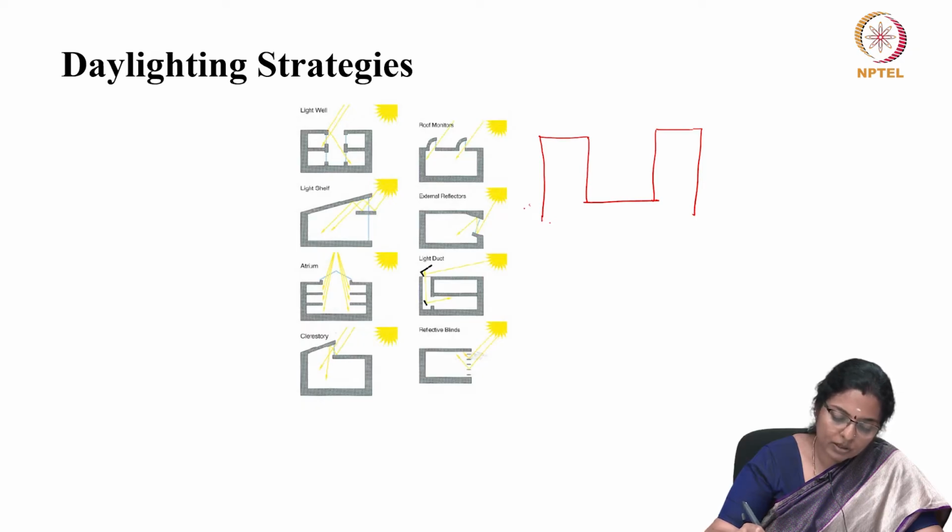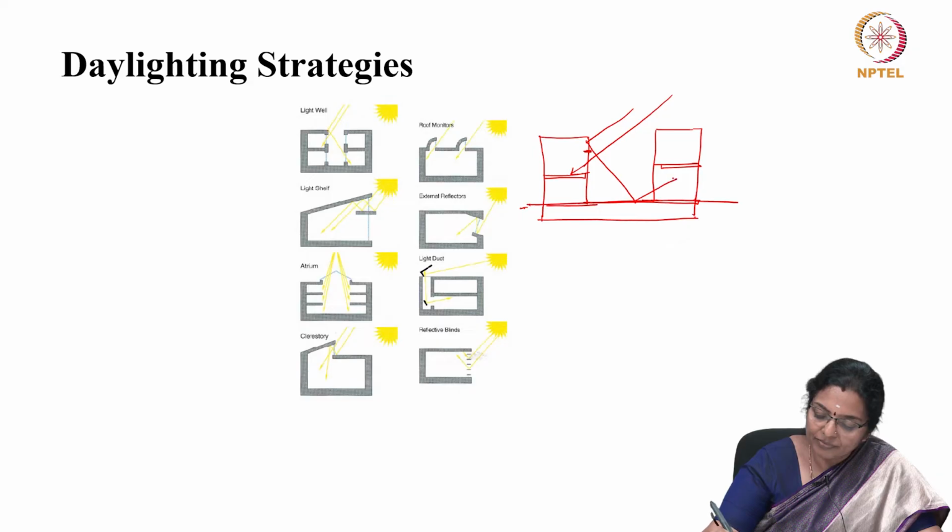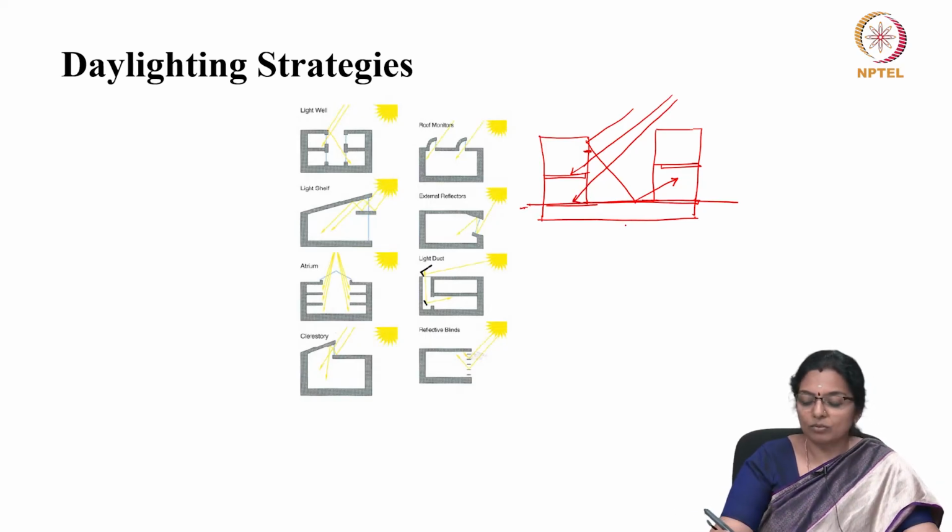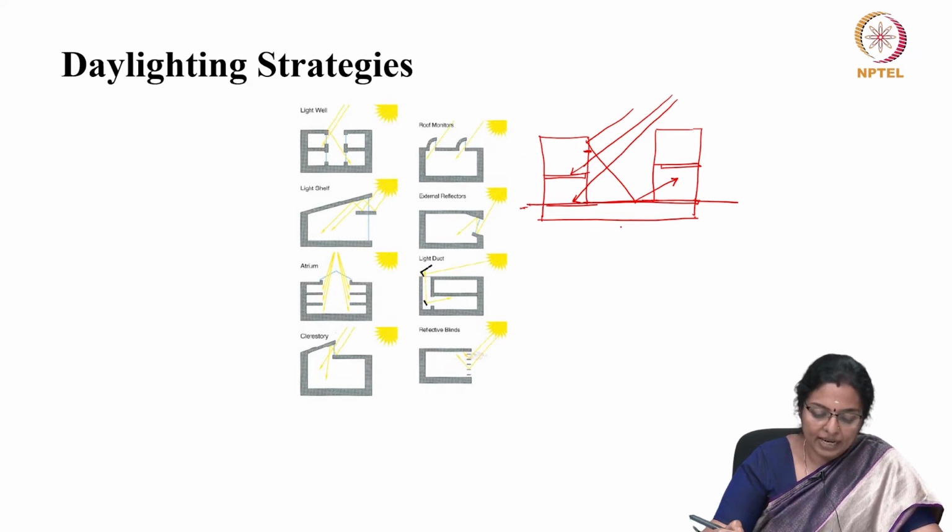This is how it looks, and light gets either reflected inside or light passes through either the windows or it gets reflected and we get diffused sunlight. So, courtyards, also called as light wells, are a good source of getting light.